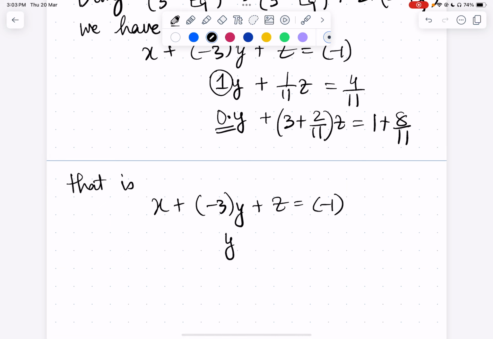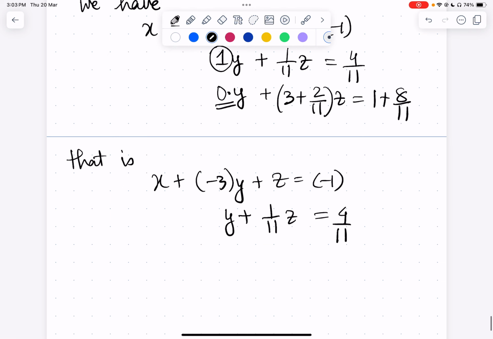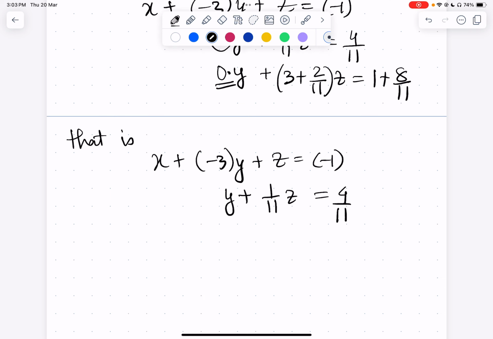So y plus 1 by 11 z equals 4 by 11, and so 35 by 11 z equals 11 by 11 plus 8 by 11, 19 by 11.